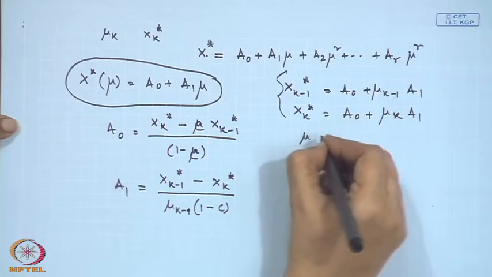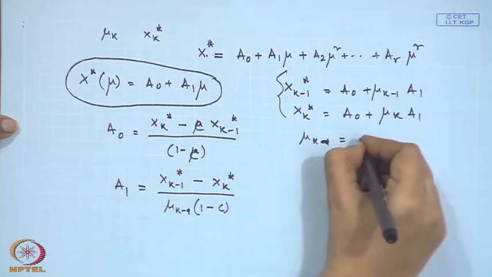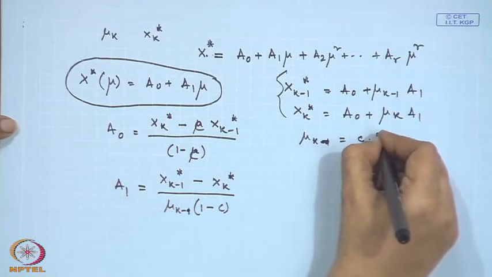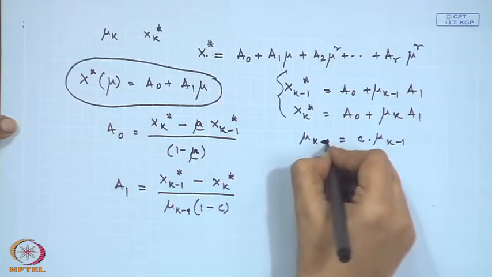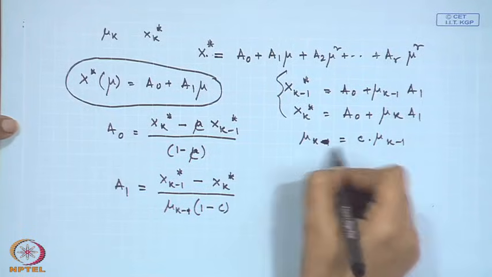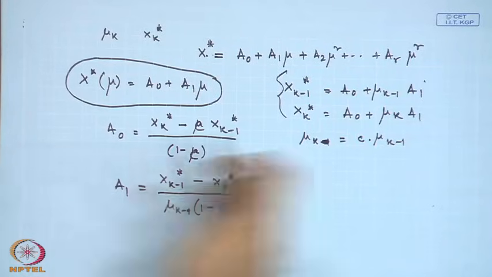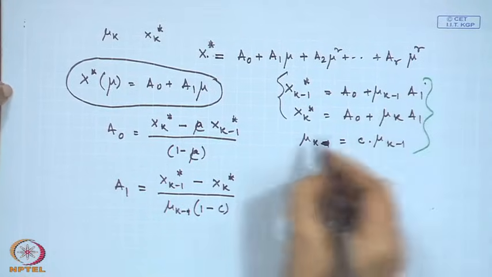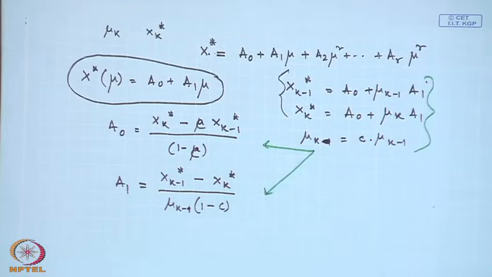Another rule is there: mu k is equal to c into mu k minus 1. For the interior method c is less than 1, for the exterior method c is greater than 1. If we consider these 3 conditions together, then we can find the values of a0 and a1.